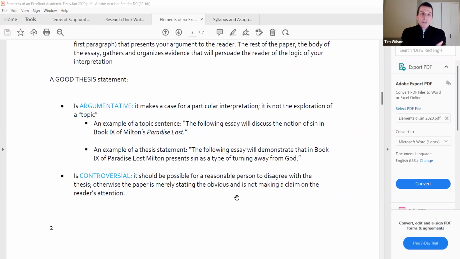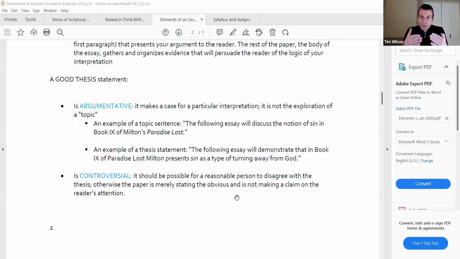The other thing about a good thesis statement is it's controversial. It should be possible for a reasonable person to disagree with the thesis. Otherwise, if it's stating the obvious, it makes no claim on the reader's attention, and it's not contributing to that pointy sliver of knowledge that we're trying to direct forward.